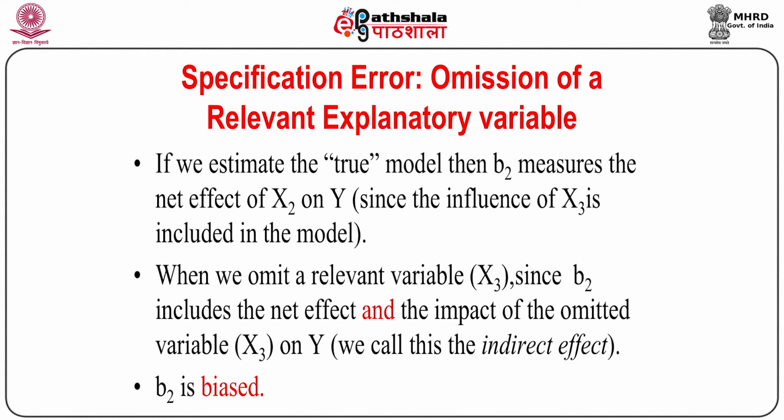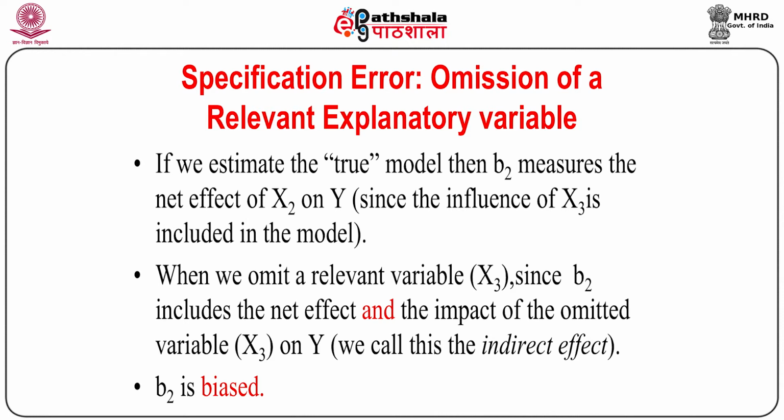Now, if we estimate the true model, then beta 2 measures the net effect of x2 on y, since the influence of x3 is included in the model. When we omit a relevant variable x3, since beta 2 includes the net effect and the impact of the omitted variable x3 on y, we call this the indirect effect.